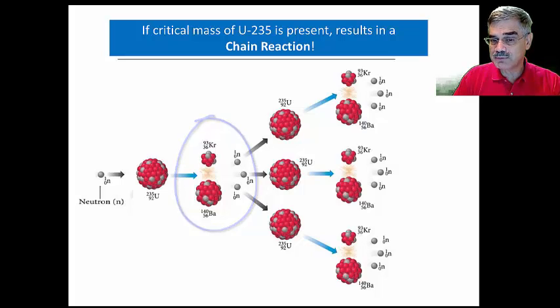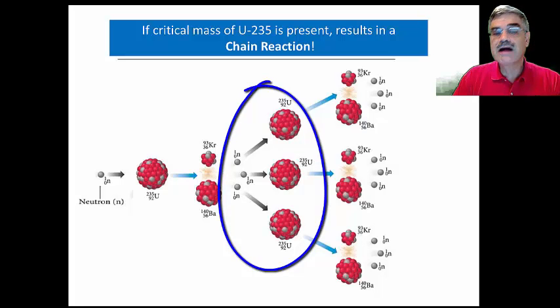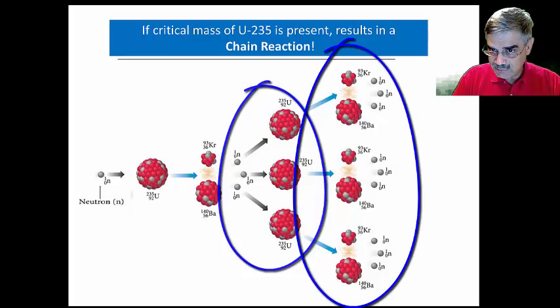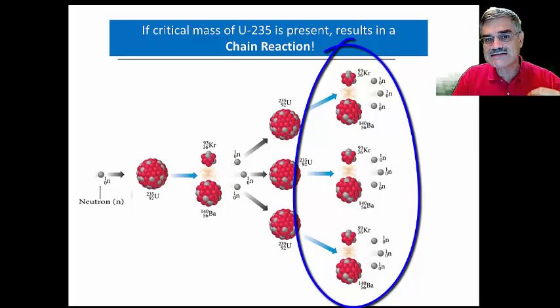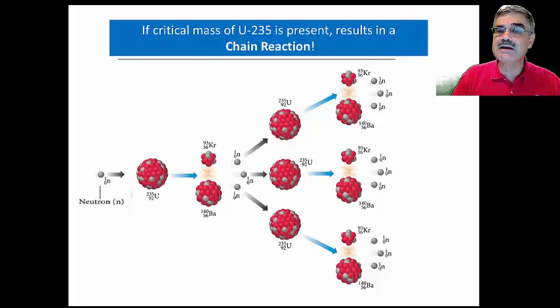But remember that it produced 3 additional neutrons. These additional neutrons could then strike other nuclides of uranium-235, leading to their fission into krypton and barium and more neutrons, etc. And that is, essentially, you would have a chain reaction that would be an explosive reaction.